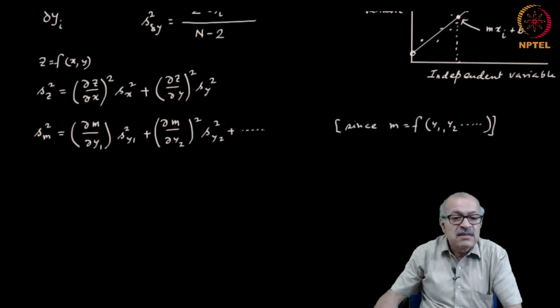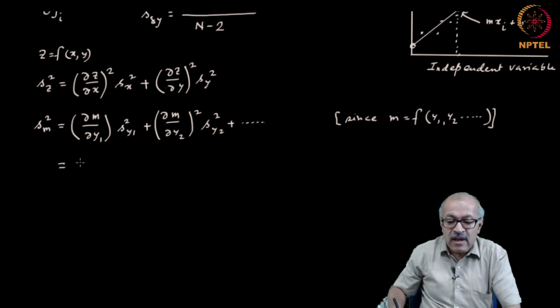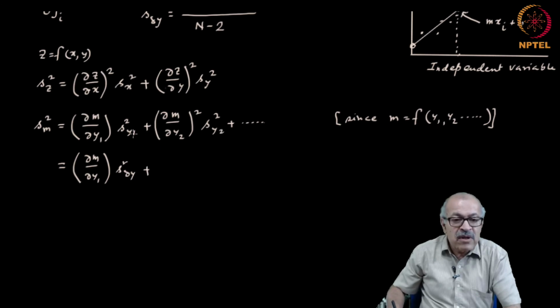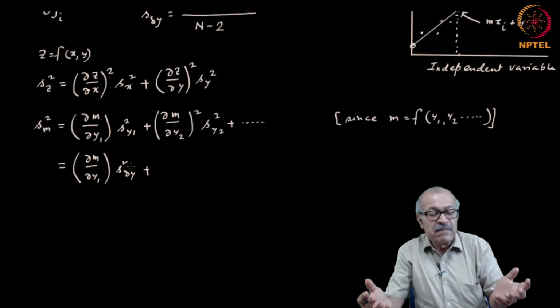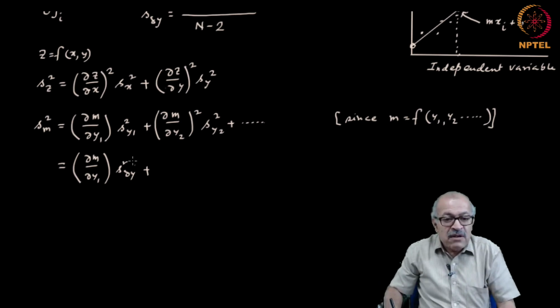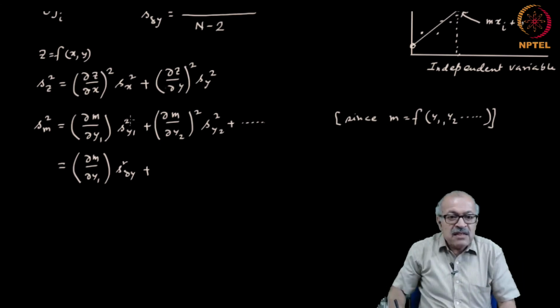So, we can simplify that as delta M by delta y1 squared times s square delta y, because s square delta y is the variance of the data points from the straight line fit, and this is just one of them, so it will have the same character.